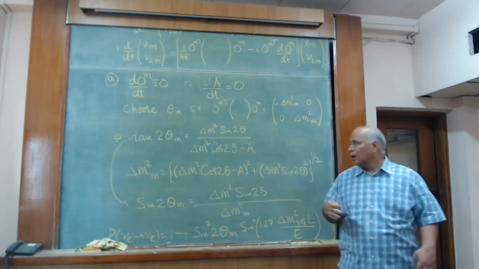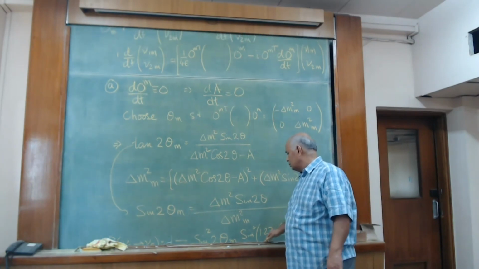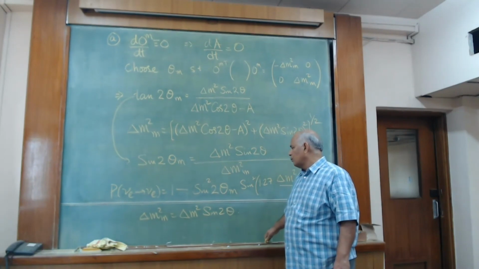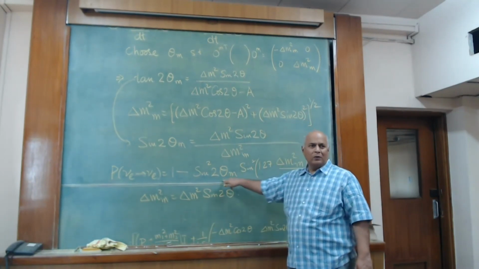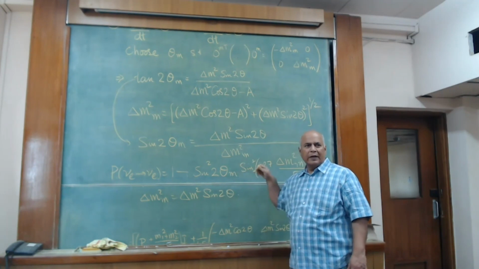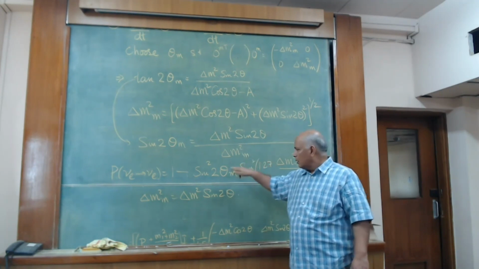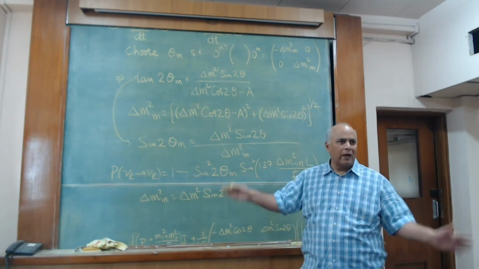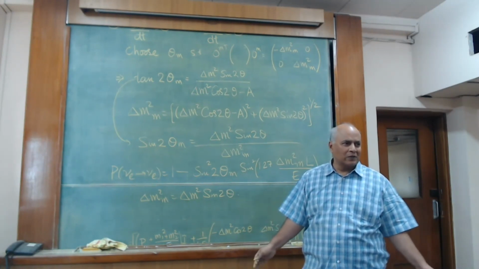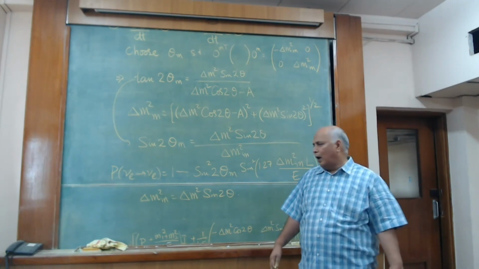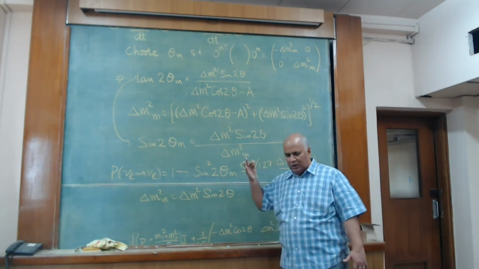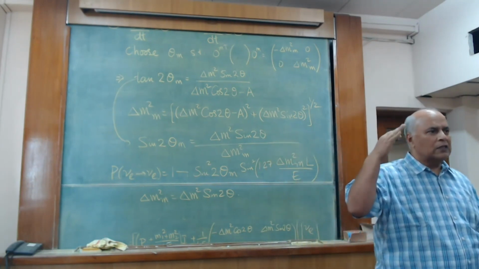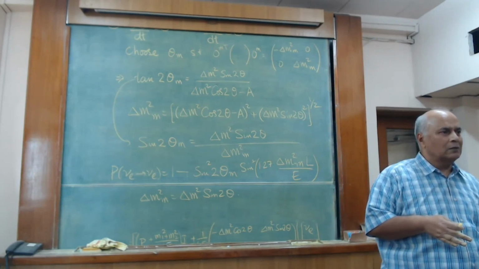Therefore, if I am able to get an amplification of the mixing angle, that is good enough as far as the solar neutrino problem is concerned. And if you remember, originally in the case of solar neutrinos, they observed a suppression factor of 1/3.